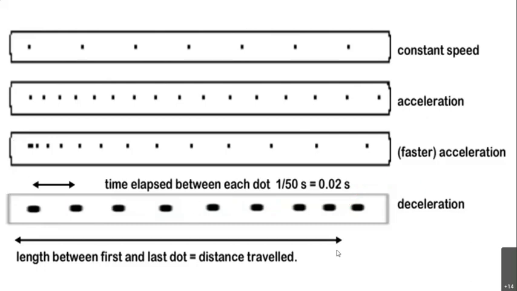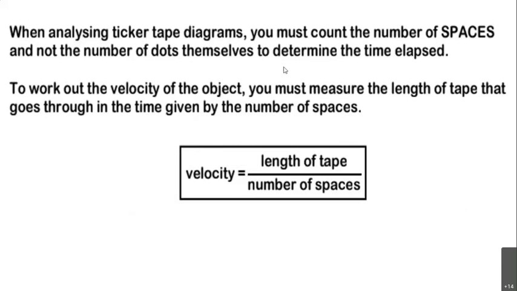Let's look at a question. Oh, this is our formula. Okay, so we are adapting the velocity formula, our regular velocity formula, and instead of distance, we're going to write length of tape. So that gives us the distance. This is not a whole new formula that you have to use.